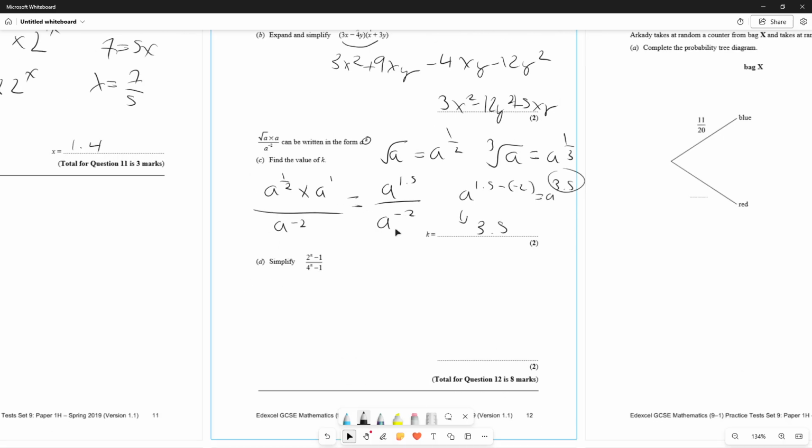Next, simplify 2 to the n minus 1 over 4 to the n minus 1. Okay. So notice that 4 is a square number, and so is 1. And this causes a difference of 2 squares.